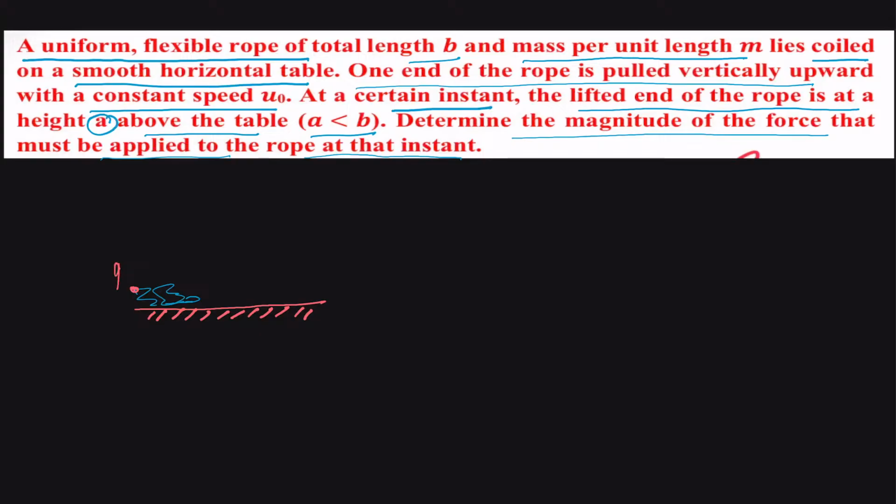At a certain time, it is given that the length of the rope that we have pulled is a. So this is length a. And the total length of this rope is given as b, and it is said that a is less than b. So this is the condition given to us.